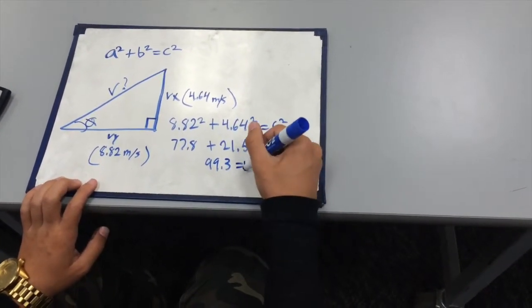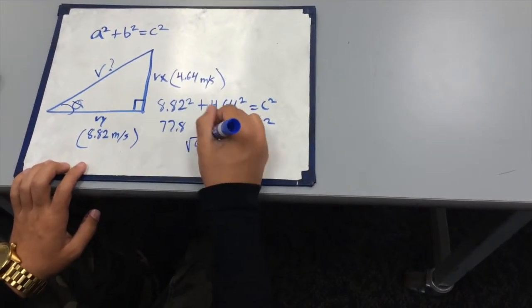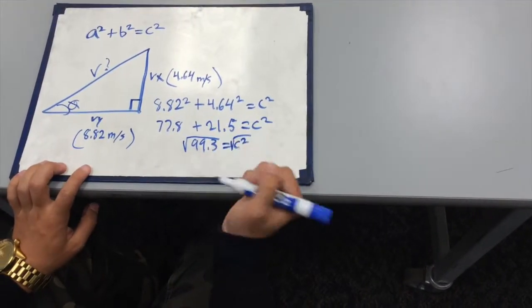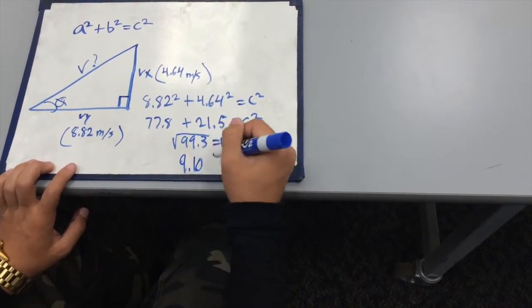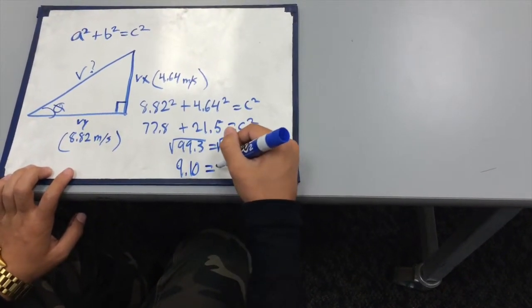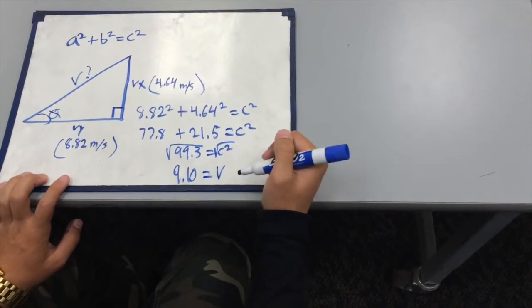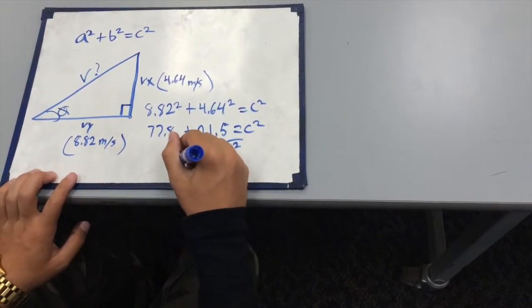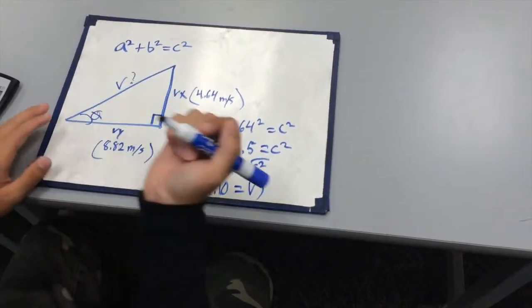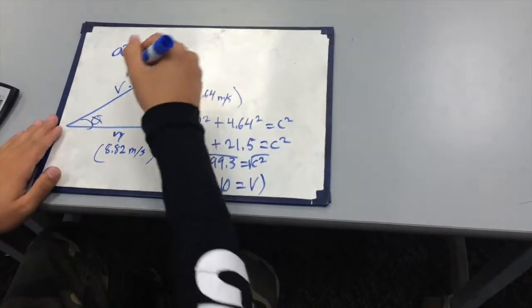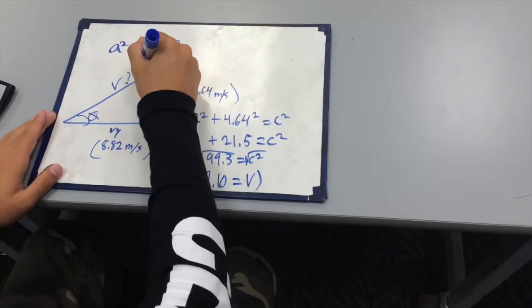Now what we want to do from here is square root our answer. Square rooting the answer will then give me 9.10, which equals my velocity in that direction. So now let's put that up here so that we know that's what we have, 9.10.